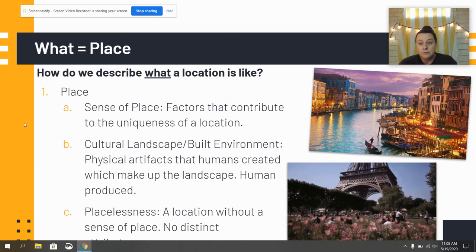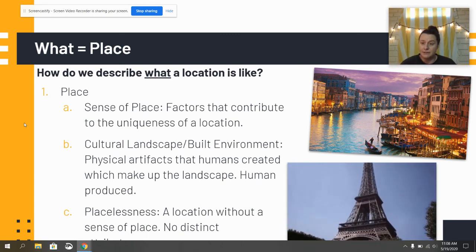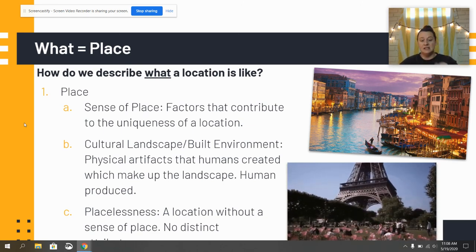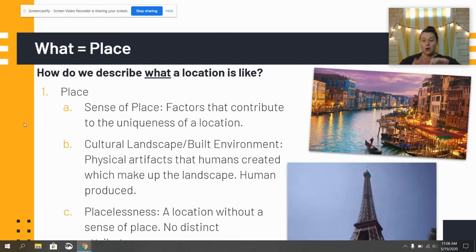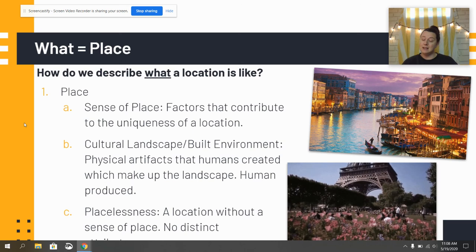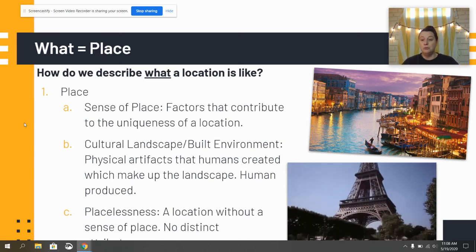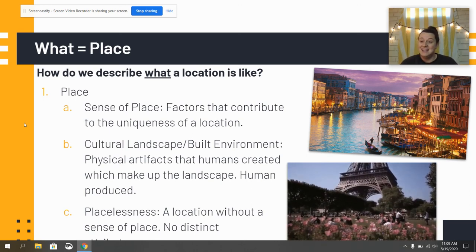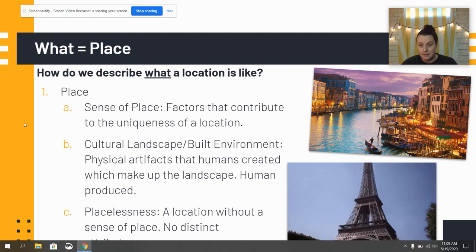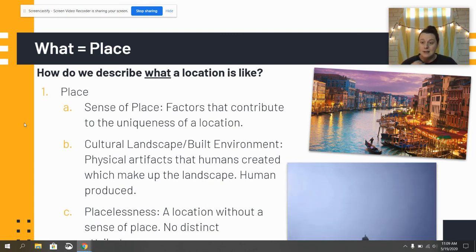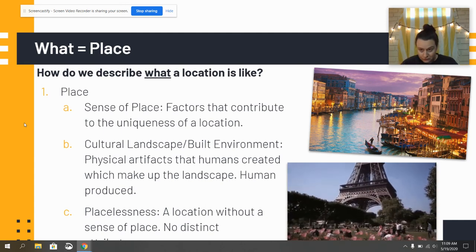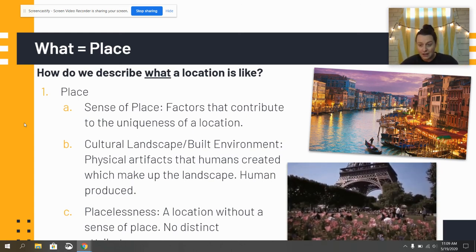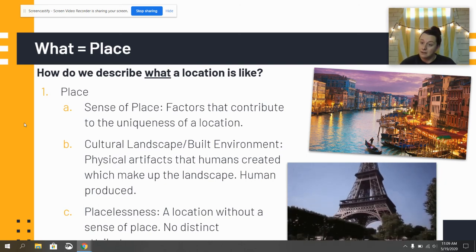Well, with the cultural landscape or the built environment, think of us as humans planting little pieces of culture and things we've created onto the world. Everything in the cultural landscape and the built environment is human produced. For example, Mount Sinai is not a part of the cultural landscape because humans didn't produce that. However, the Eiffel Tower was human produced, and it gives this sense of place to the cultural landscape in Paris.